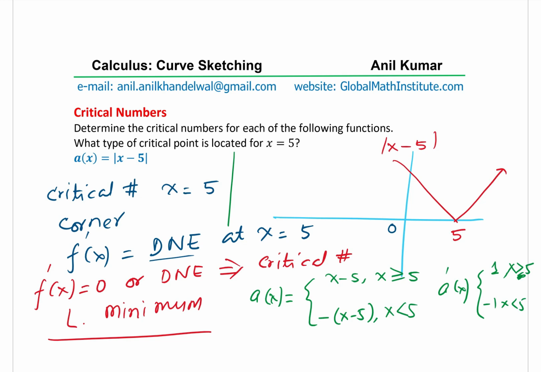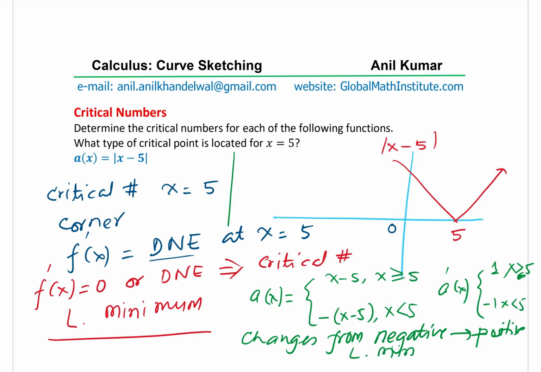Now, since it changes from negative to positive, we have local minimum.